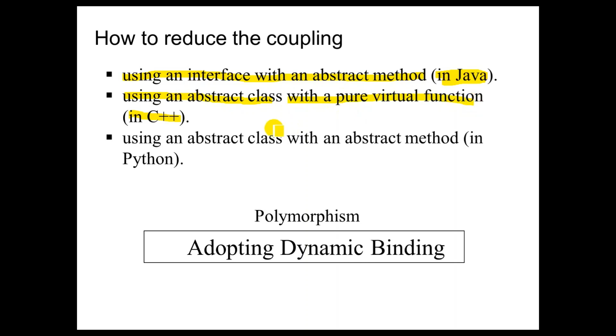And in Python, using an abstract class with an abstract method. Pay attention carefully to what this is saying. What I said in these statements is especially telling us to adopt dynamic binding to reduce the coupling, or I can say it is telling us to implement the scenario using runtime polymorphism.